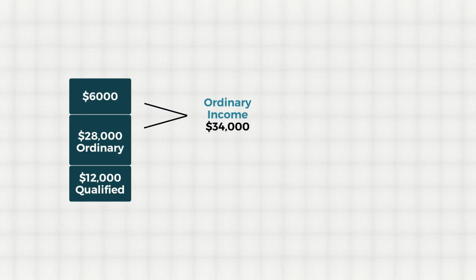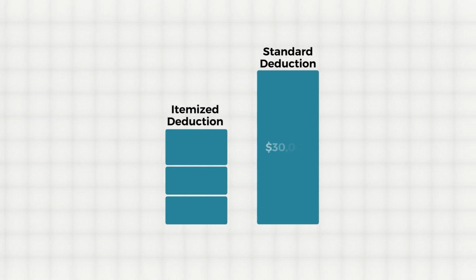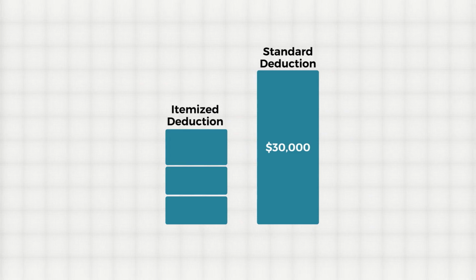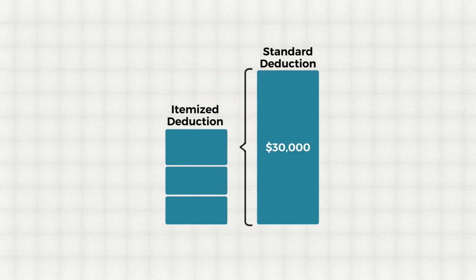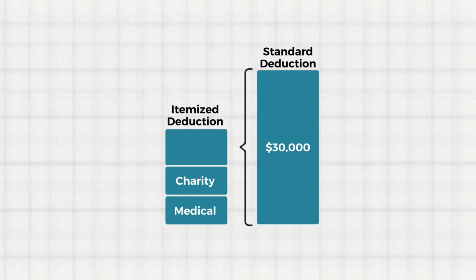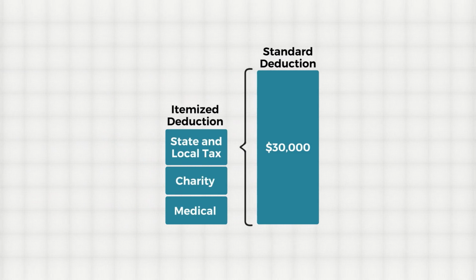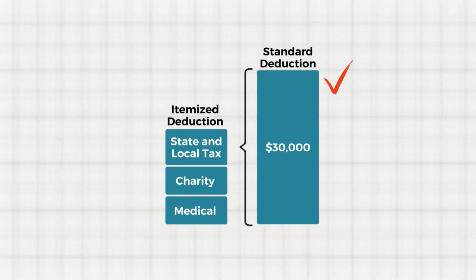Now, here's where it gets tricky to calculate because the total standard deduction is going to be taken against that. But there's an order of operations in what that standard deduction offsets. So in this case, their standard deduction is $30,000 a year. Now, remember, if your itemized deductions don't surpass your standard deduction, so medical expenses, charitable giving, state and local tax, if all of these things don't surpass your standard deduction, then you just take your standard deduction.